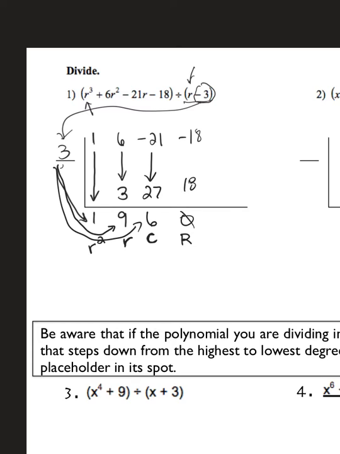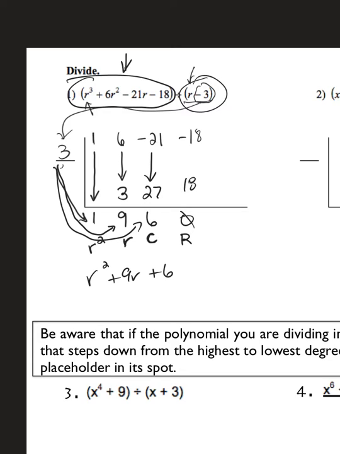So when I write this out, if I divide my big polynomial by r minus 3, my answer is r squared plus 9r plus 6. What we're doing is breaking this 4-term polynomial into 2 polynomials.